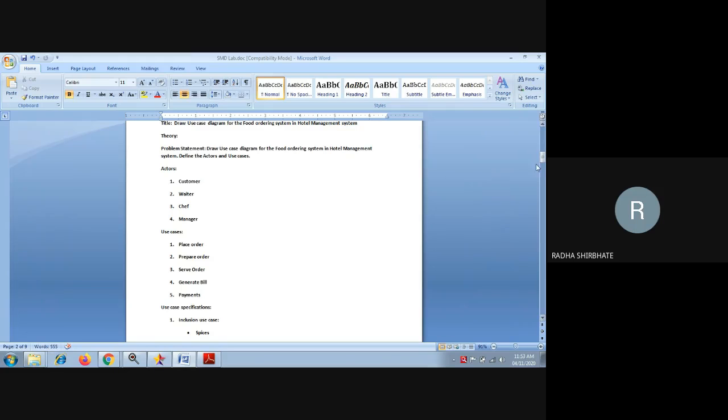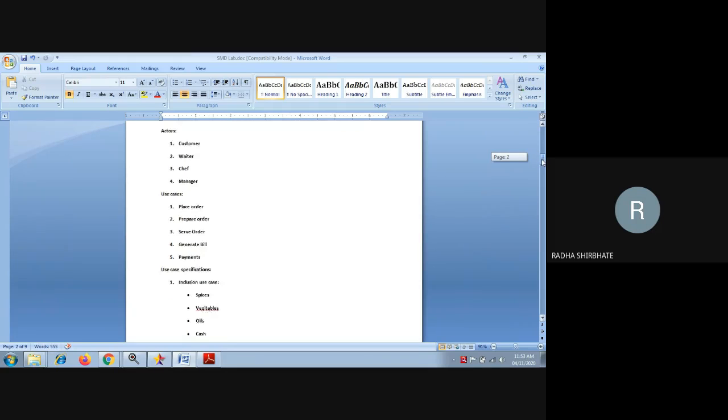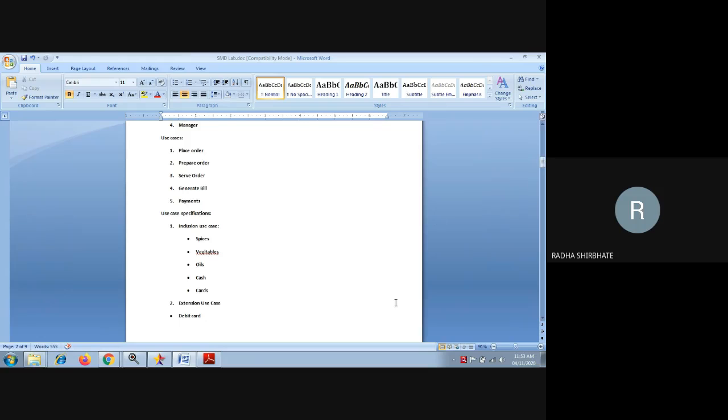Now, the third most important term that we have to study today is the use case specification. So, what is this use case specification? It contains two different types of use cases under your system. Who are they? Inclusion use case and extension use case. What is the inclusion use case?